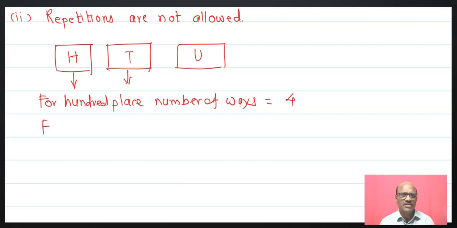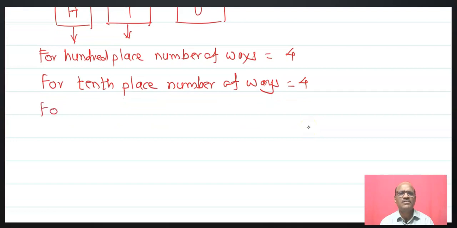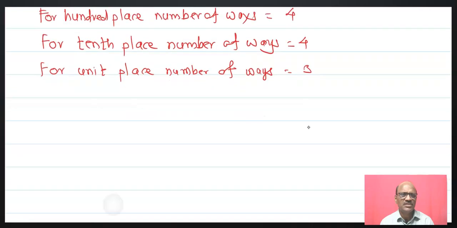Now for the 10th place, total digits are 5, out of 5 एक digit कमी झालेला आहे, मग अजून पुन्हा आता फक्त 4च उरणार आहे त्याच्यामध्ये. Therefore for the 10th place the number of ways is 4, and for the unit place अजून 2 कमी झाले, म्हणजे आता 3च वेळा आपण युनिट प्लेसला घेऊ शकतो. For the unit place the number of ways is equal to 3.